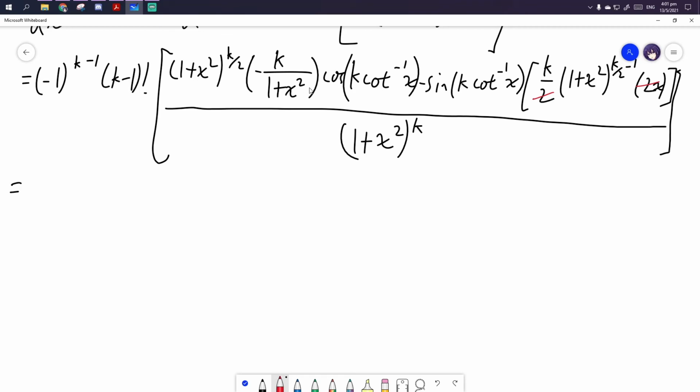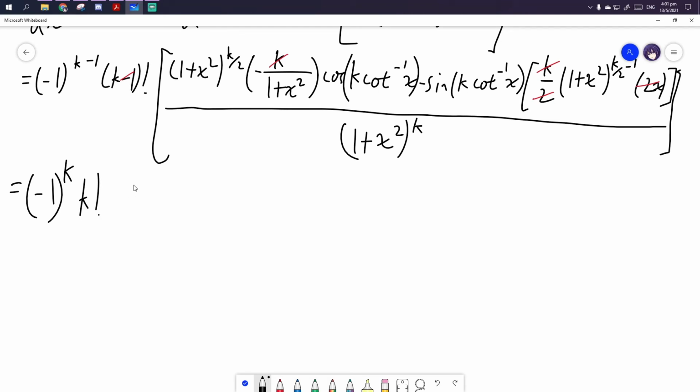And later on, I can factor out k, because then this and this will all cancel. And if I multiply out the negative, because there's a negative here and a negative here, so both sides are negative, meaning that I can rewrite this as negative 1 to the power of k and k factorial.